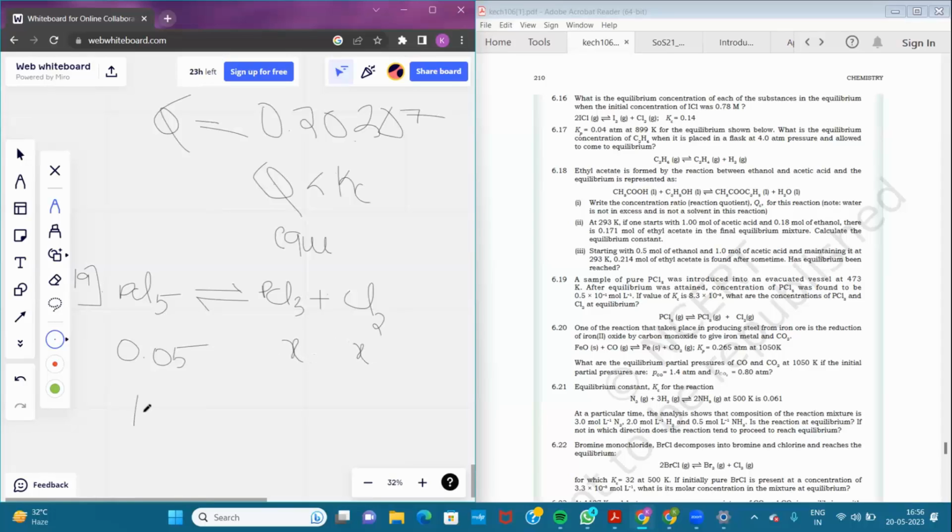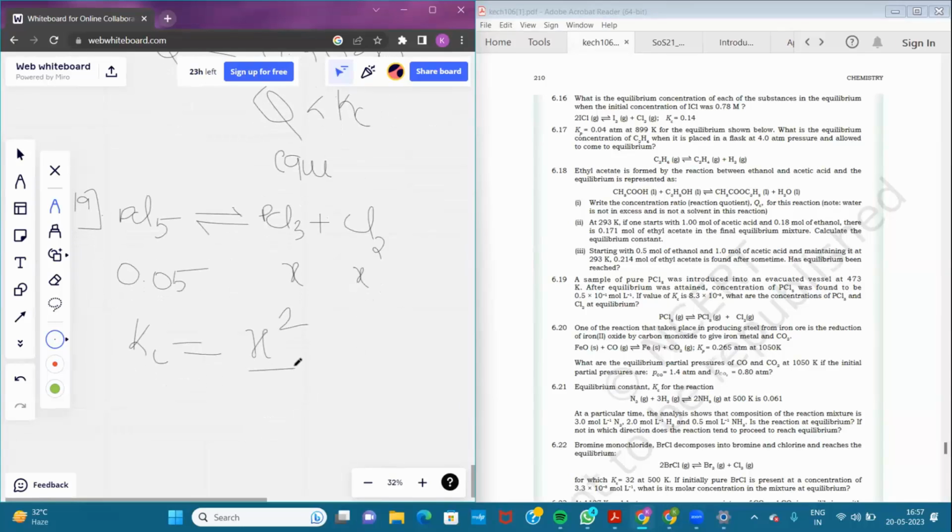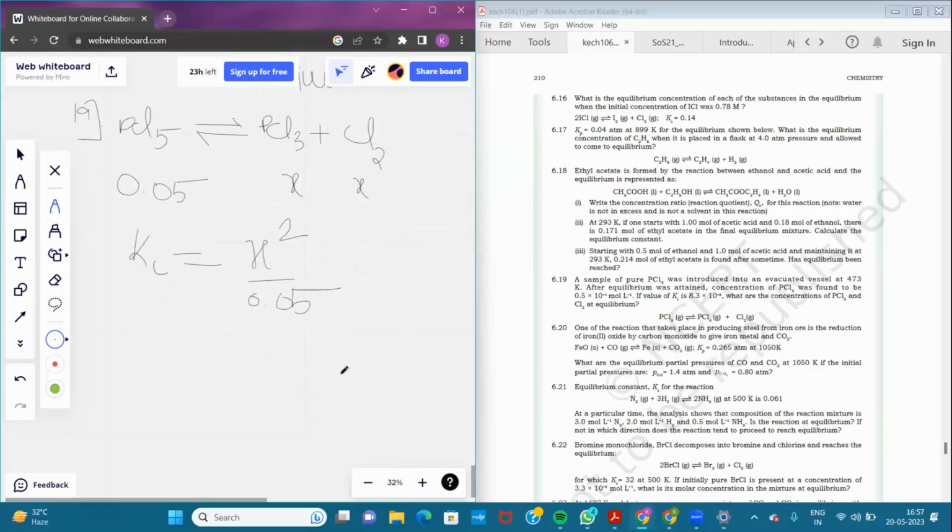From Kc equals x square by 0.05, we'll obtain x as 0.0204.